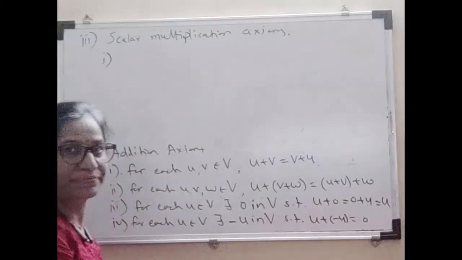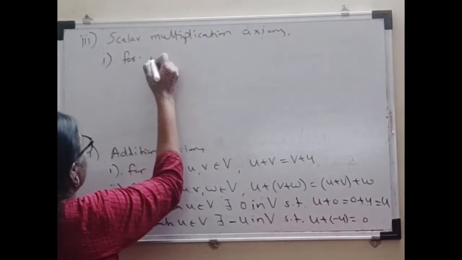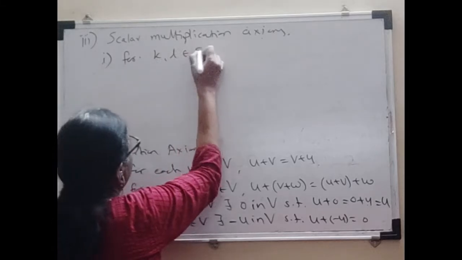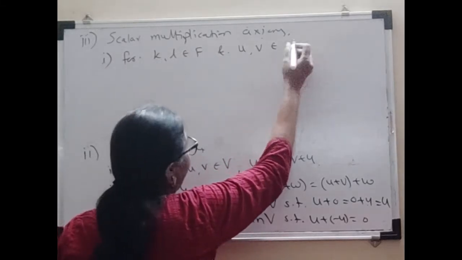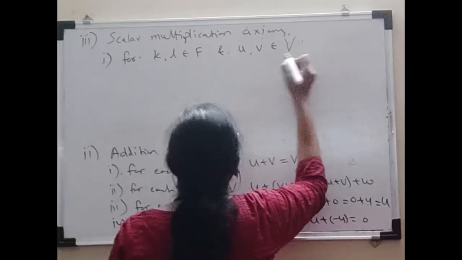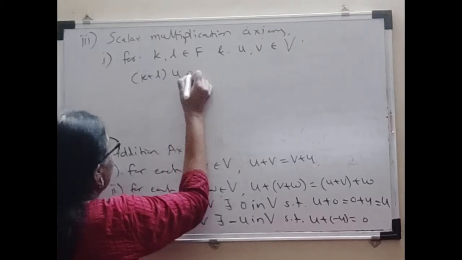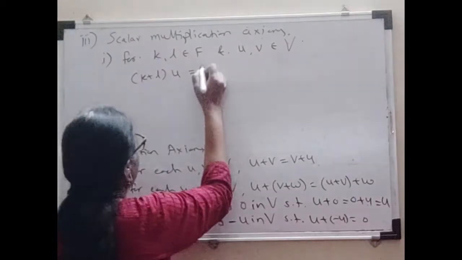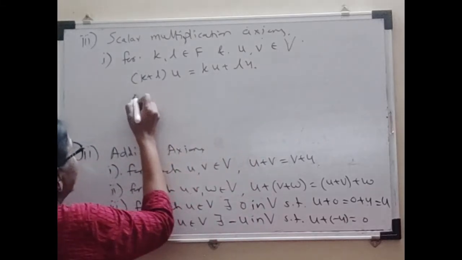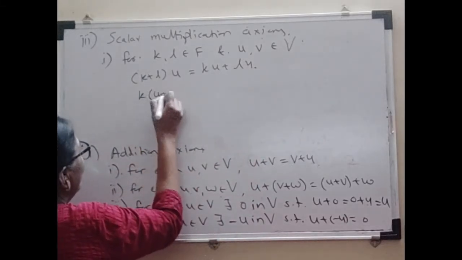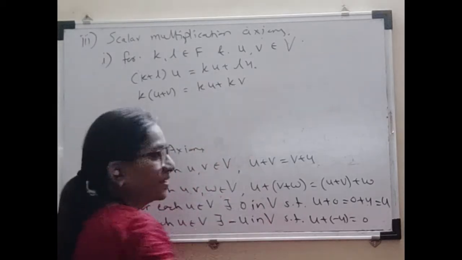First one: for k, l belongs to F and u, v belongs to V, (k plus l) into u should be equal to ku plus lu, as well as k into (u plus v) should be equal to ku plus kv.